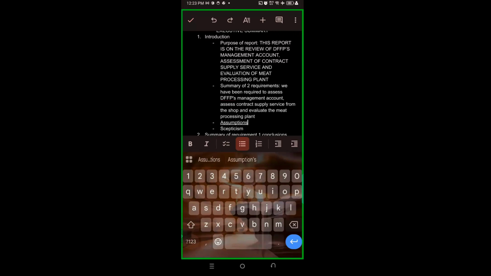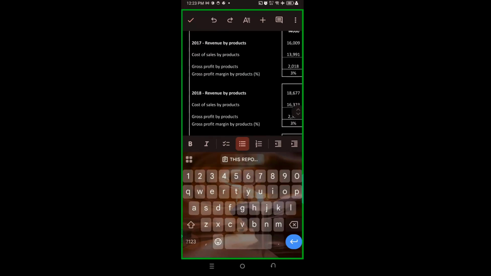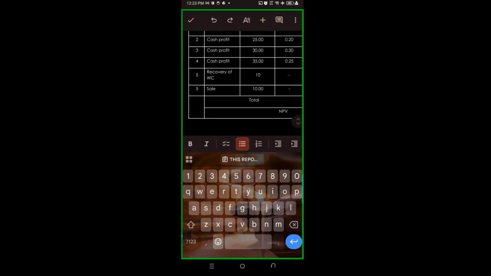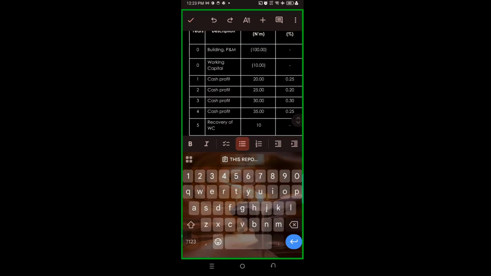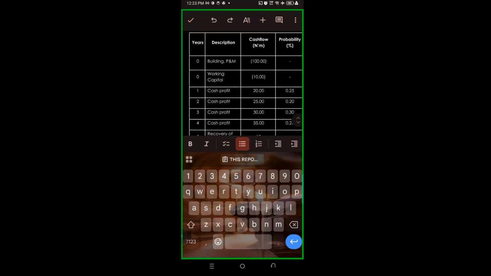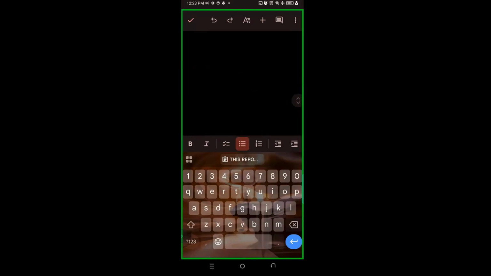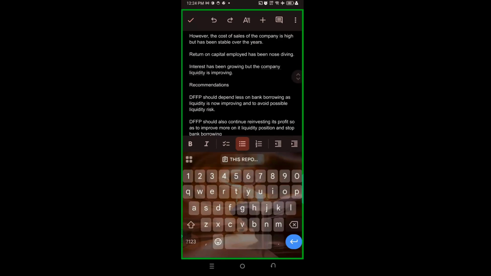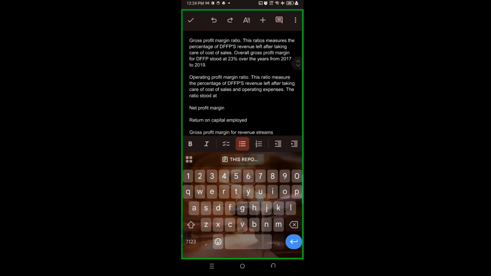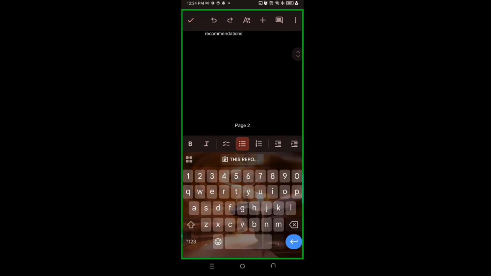Assumptions. Did we make any assumption? Let me see the computation here. We assume that the cost of the building and working capital are expended in time zero. Okay, they are in time zero.